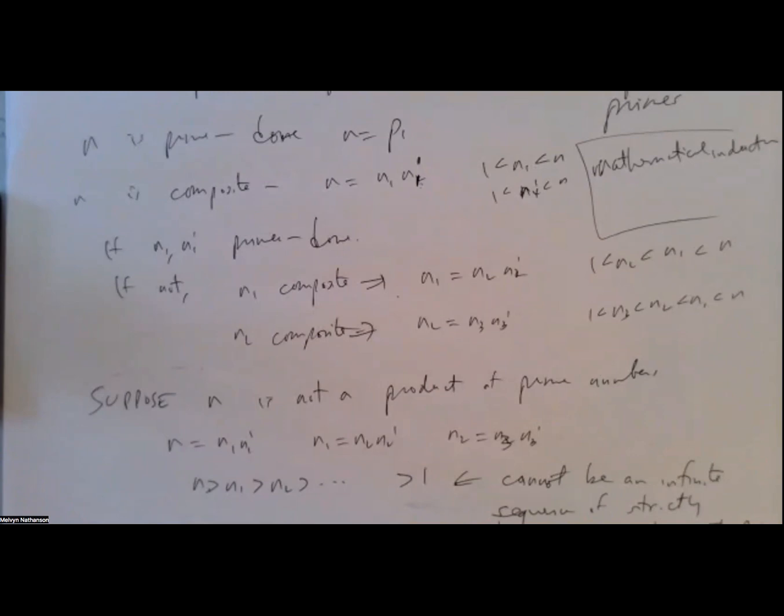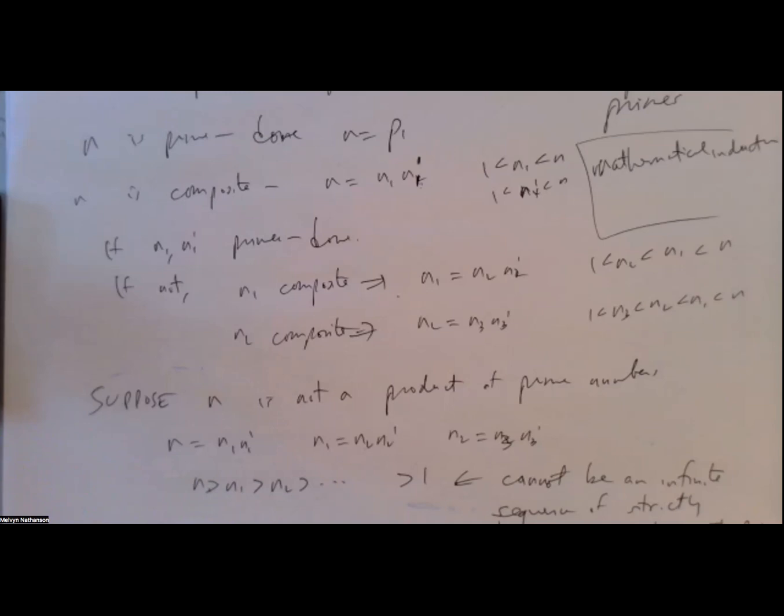Right? Take any non-empty set of positive integers, it contains the smallest element. Because if it didn't, you could choose any element in it, and then there would be a smaller element in the set, and then a smaller element than that in the set, and you would generate this infinite decreasing sequence of positive integers.